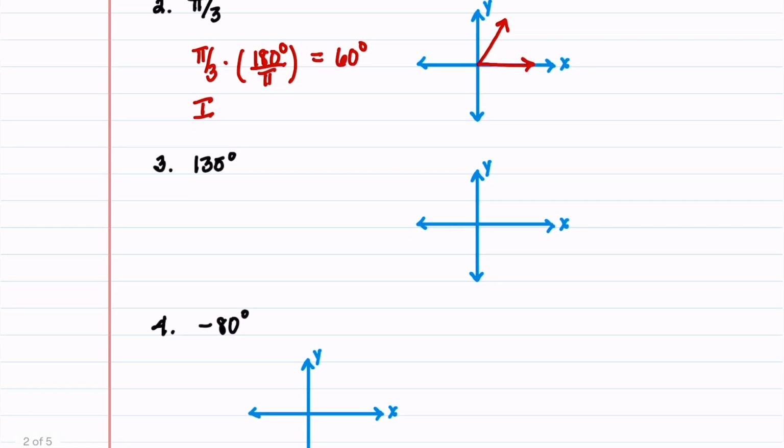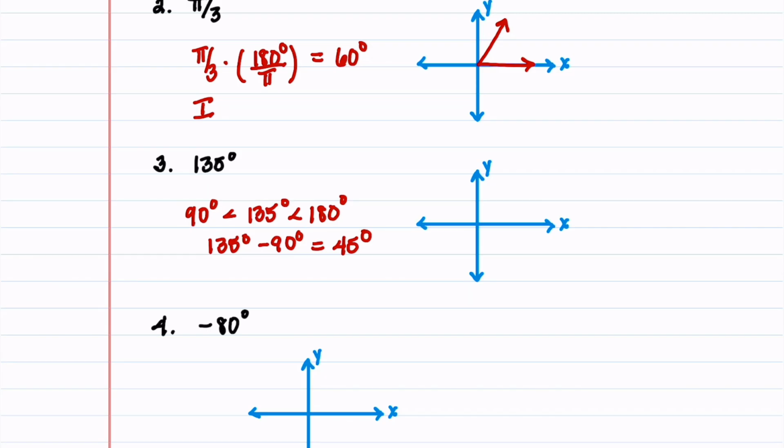Our third angle is 135 degrees. Let's start by noting that 135 degrees lies between 90 degrees and 180 degrees. If we take 135 degrees and subtract 90 degrees, we end up with 45 degrees.